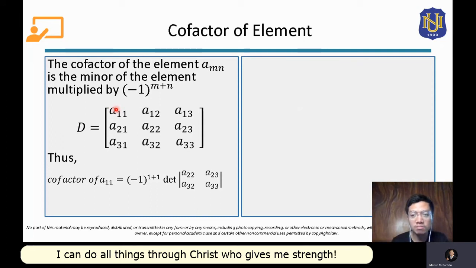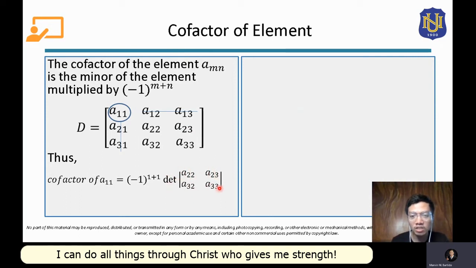We delete the corresponding row and column of that element, and after that we solve for the determinant of the matrix formed from the remaining elements. That will be the determinant of A22, A23, A32, A33.